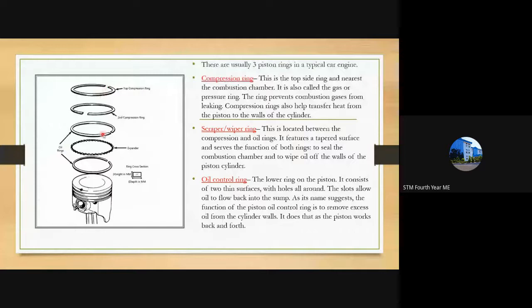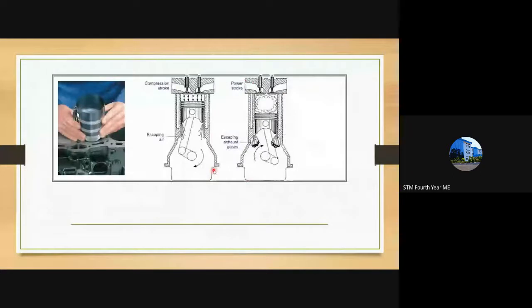Due to the split, there is a chance of fuel and air escaping through it. Even when we compress it, there will be a tiny gap, so the pressure can also leak down below the piston, and the fuel-air mixture can go downwards to the second ring. So there is a chance of that occurring.